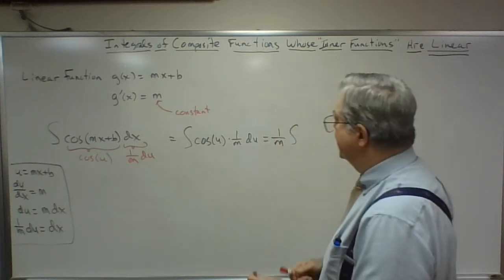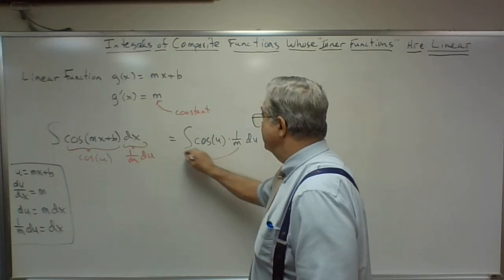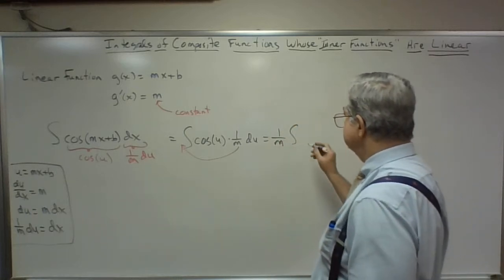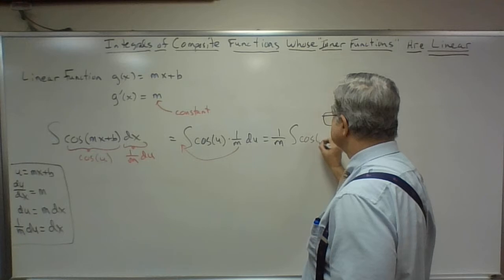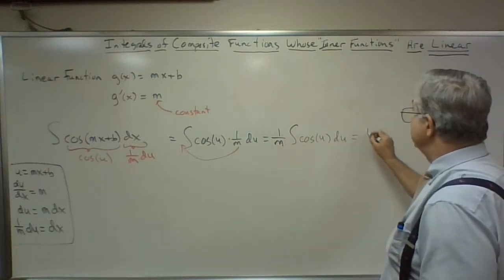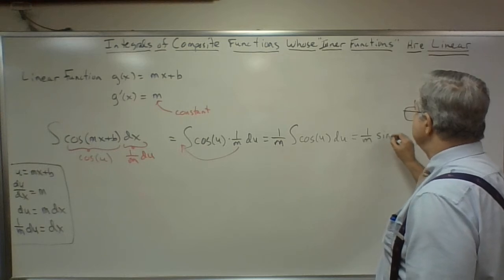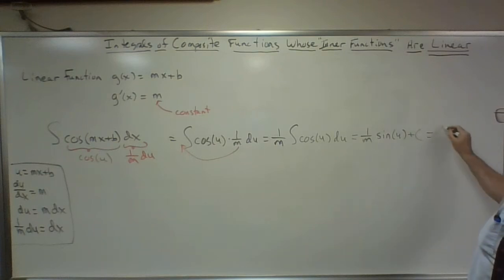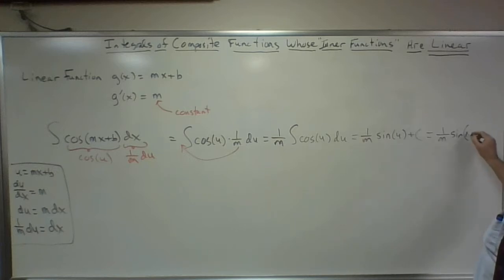We take this constant 1 over m and move it out in front of the integral sign. And we integrate, and we get 1 over m sine of u plus c, or 1 over m sine of mx plus b plus c.